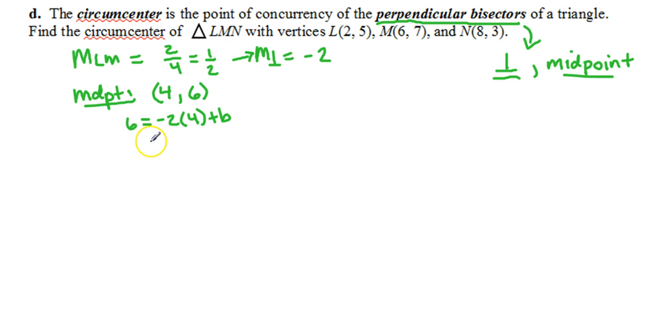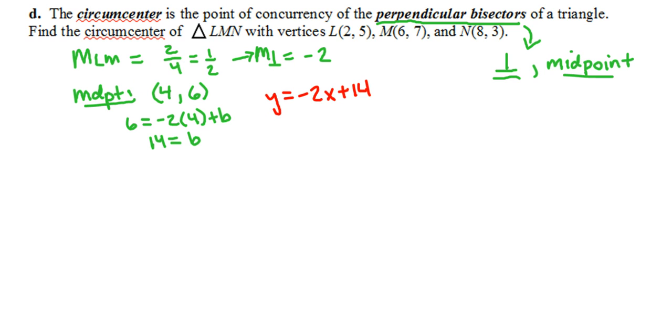Move it over, it's a +8, so I've got 14 is going to equal my intercept. So let's change colors just to highlight this. My equation for the perpendicular bisector of LM is going to be y equals -2x plus 14, with -2 being the slope that is perpendicular to LM. So there's one equation I'm going to use.